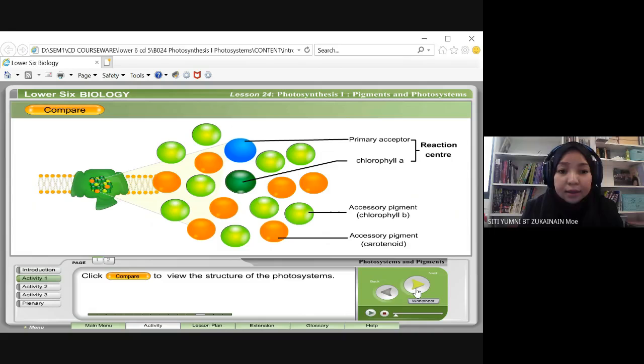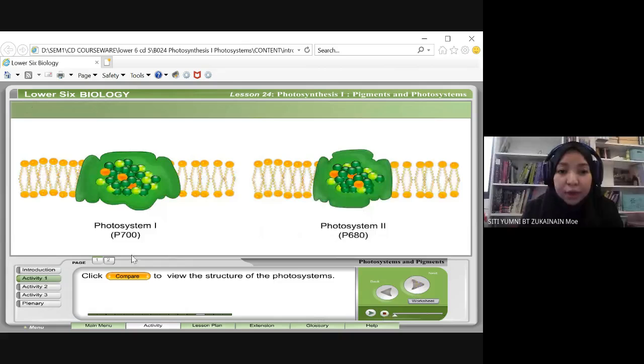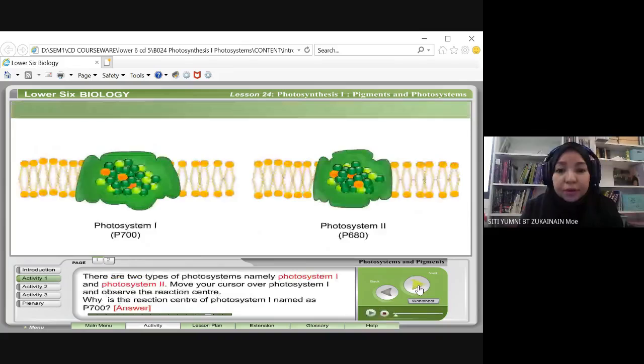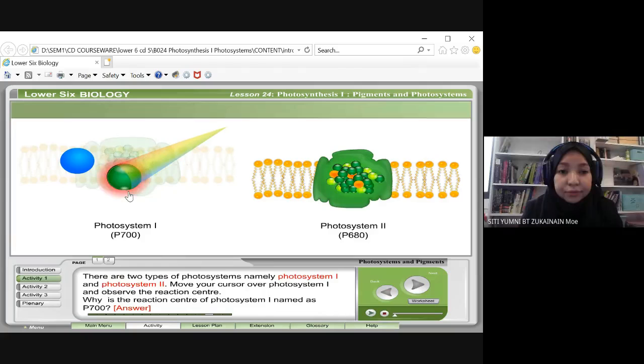I click on compare so that you can view the structure of photosystem 1 and photosystem 2. Here there are two types of photosystem, namely photosystem 1 and photosystem 2.